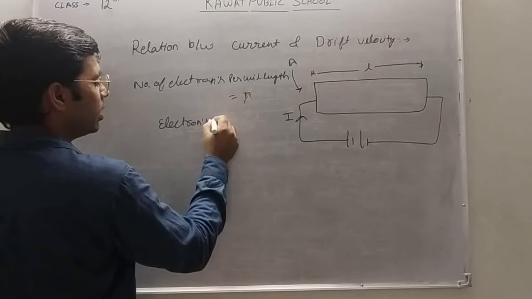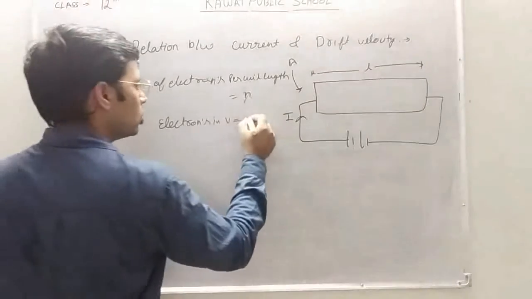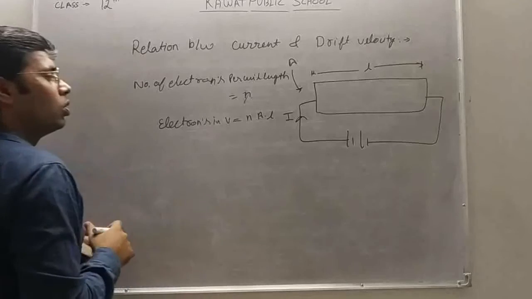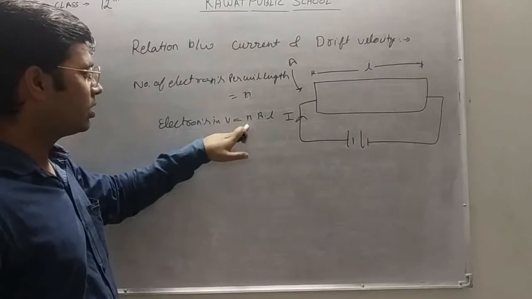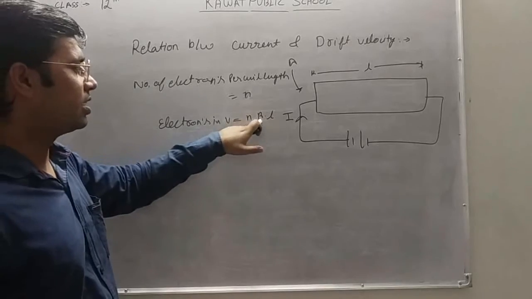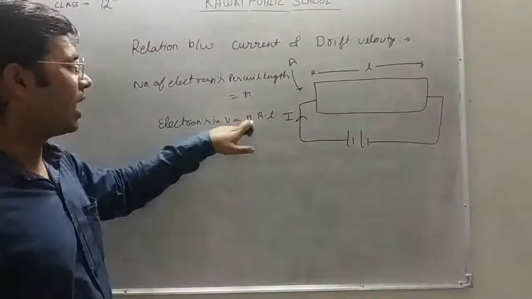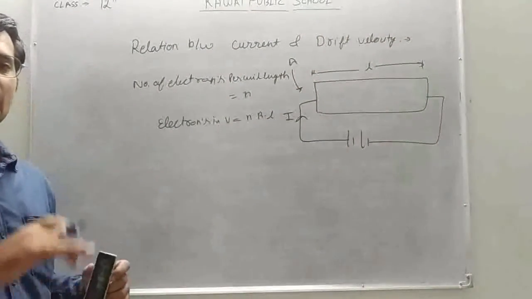It is nAL. n is the number of electrons per unit length, A is the area of cross section, and L is the length. So nAL is the number of electrons present in the entire volume.